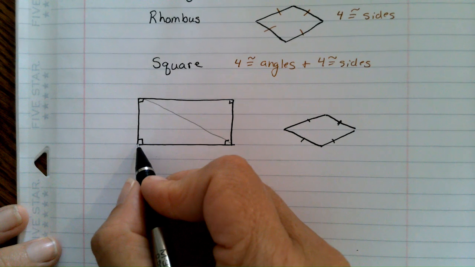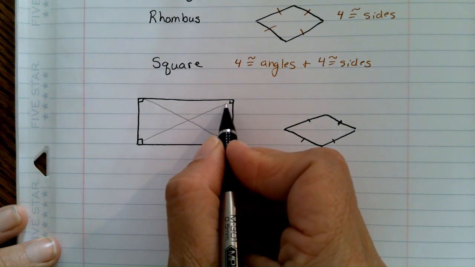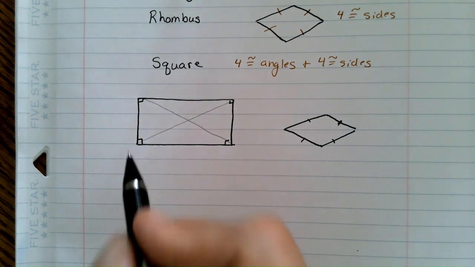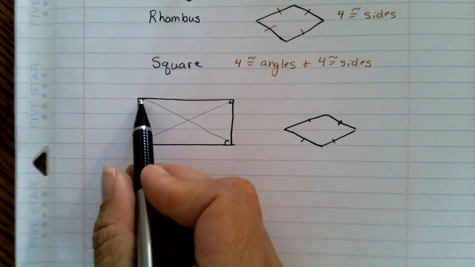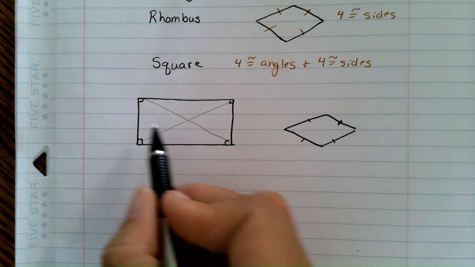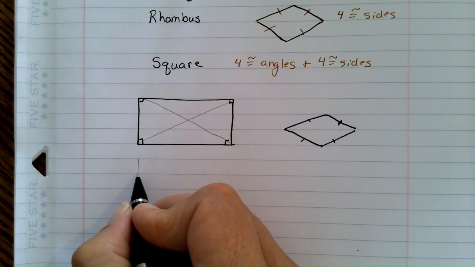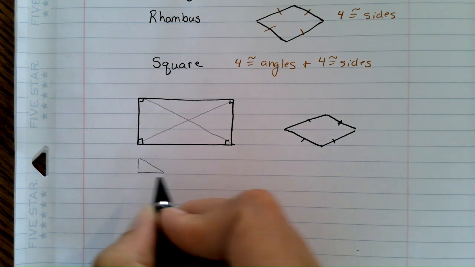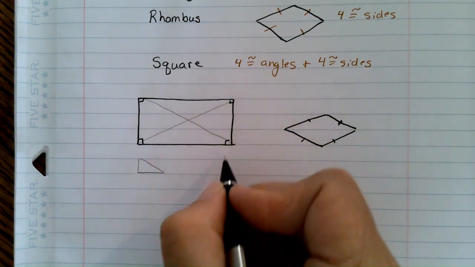So what do we think? Now, they're parallelograms, so we know the diagonals bisect each other, but remember, this is a 90-degree triangle. This side, okay, and this is a 90-degree triangle.